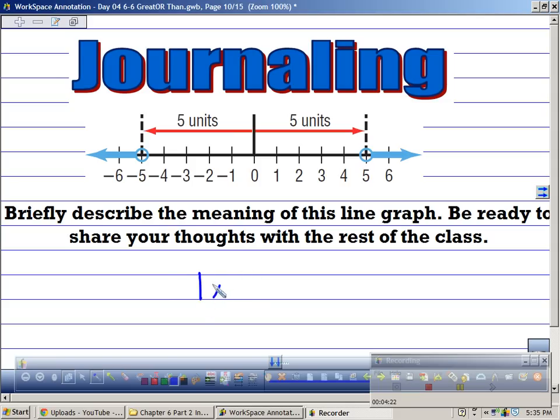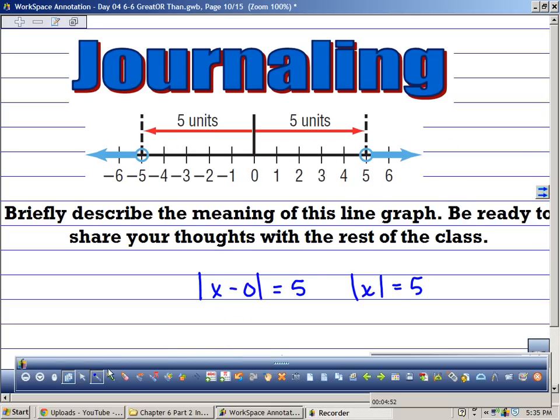We talked about the difference between x and 0 equals 5, and we could have written that the absolute value of x equals 5. And that would represent this 5 and this 5. But this time, the difference between x and 0 isn't 5 units, it's above and beyond that.